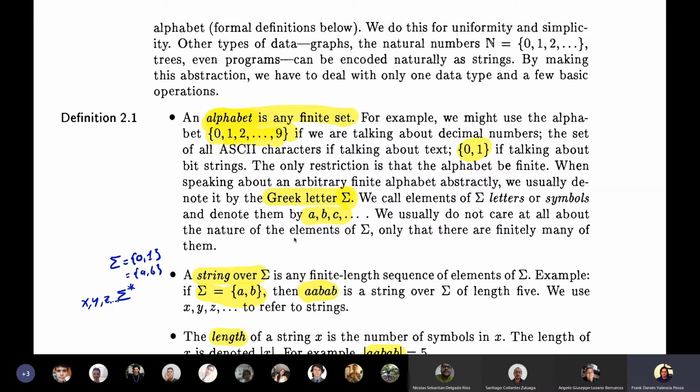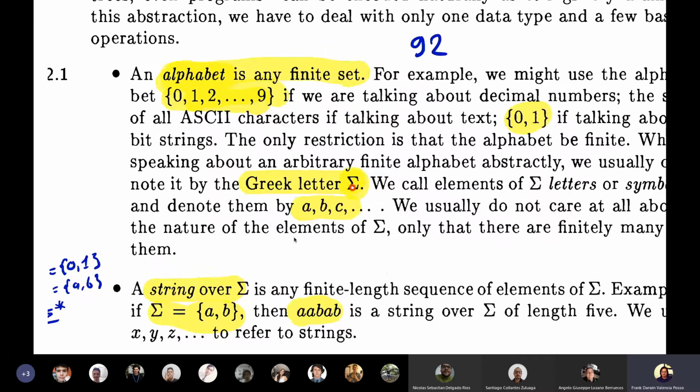So for example, 92 is a string that belongs to the alphabet 0, 1, 2, ..., 9. Every decimal number can be expressed as a sequence of symbols from this set. We will typically use the Greek letter sigma to denote alphabets.